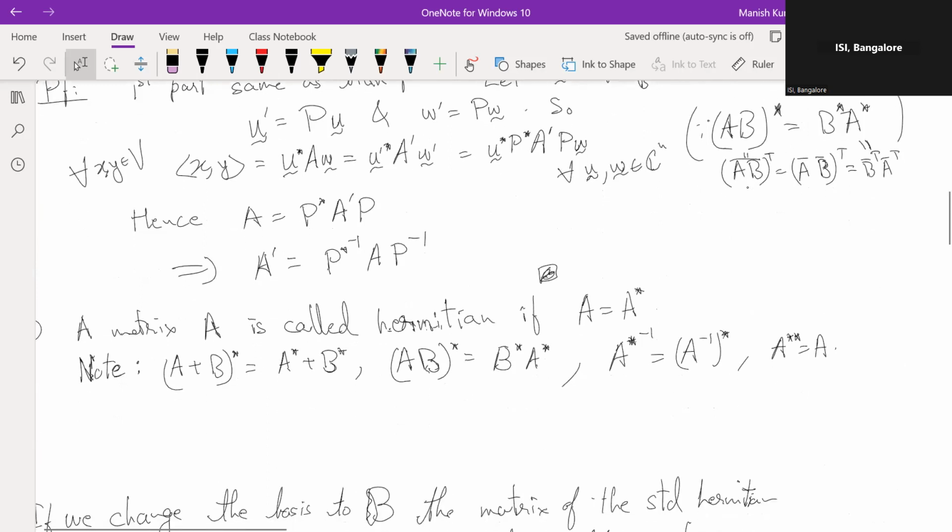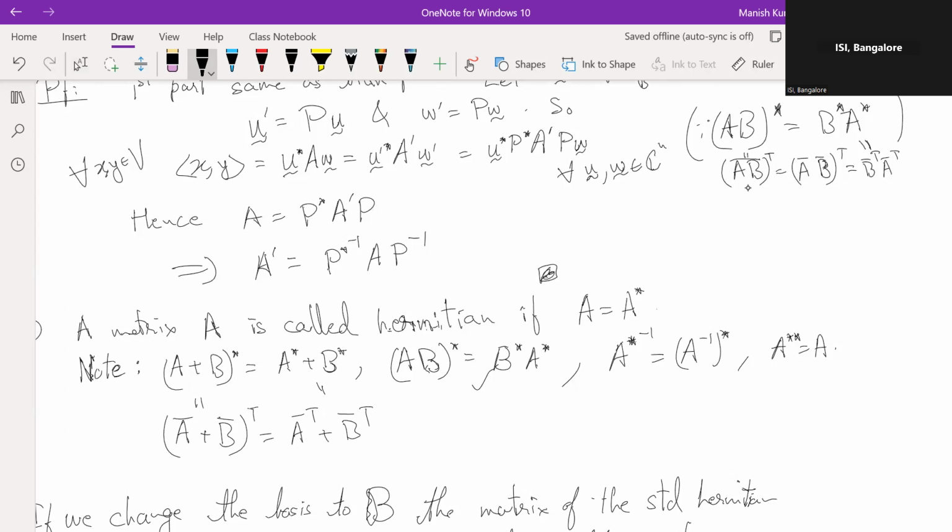And moreover, some basic properties of Hermitian matrices: doing this is called the adjoint. A star is called the adjoint. So this identity we just saw, we proved. This is straightforward because this is just A plus B bar transpose, which is the same as A bar transpose plus B bar transpose, which is the same as A star plus B star.